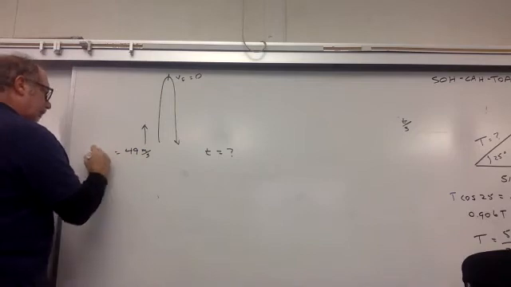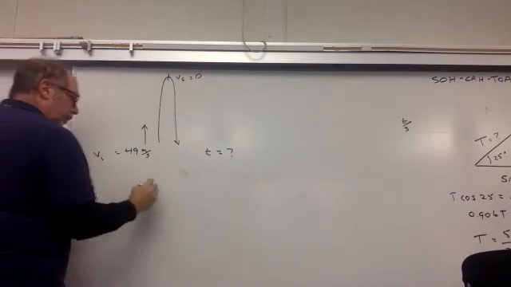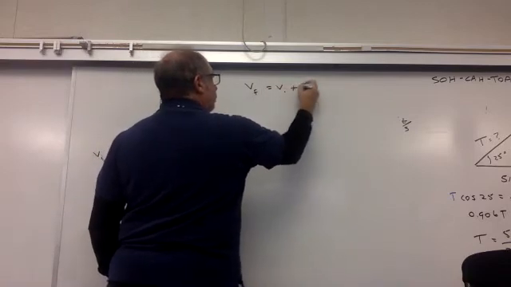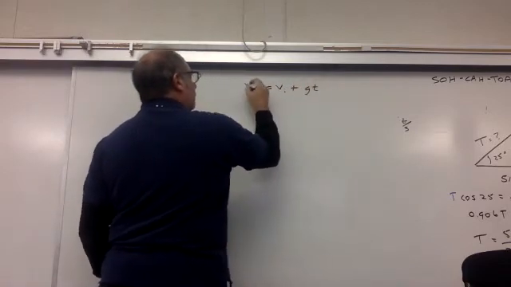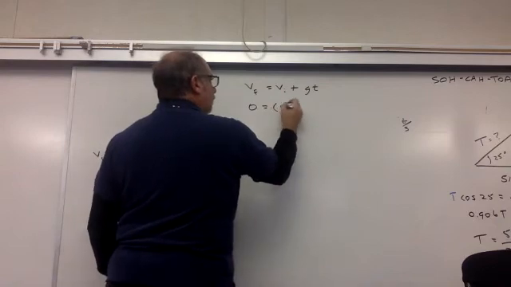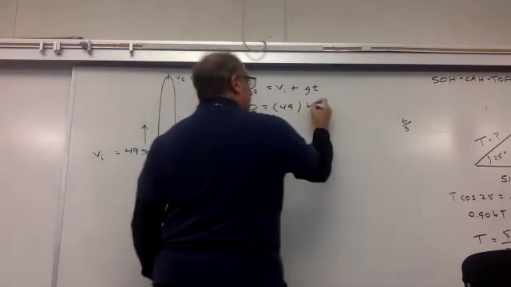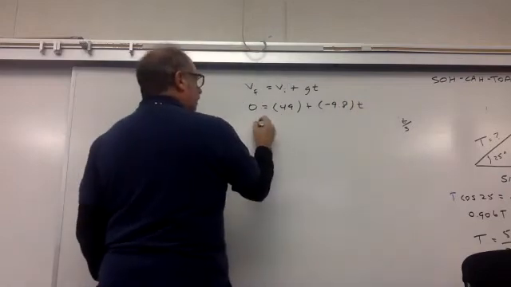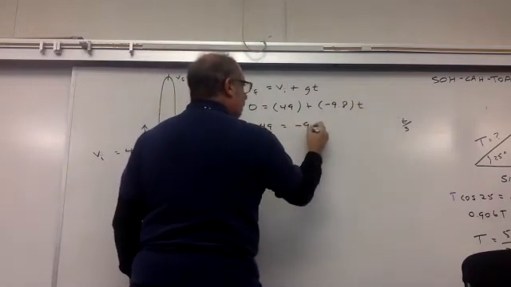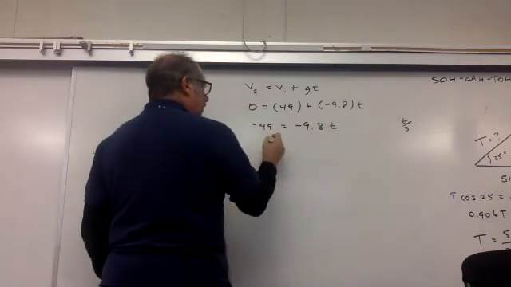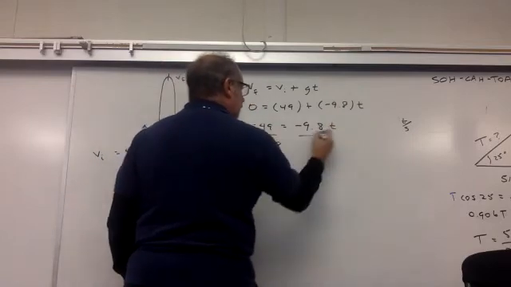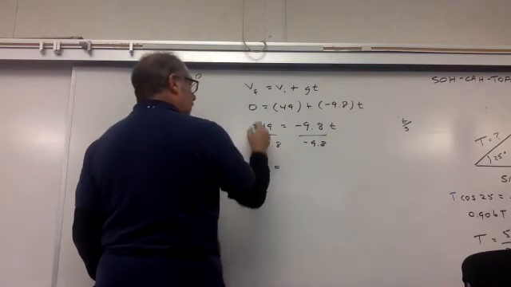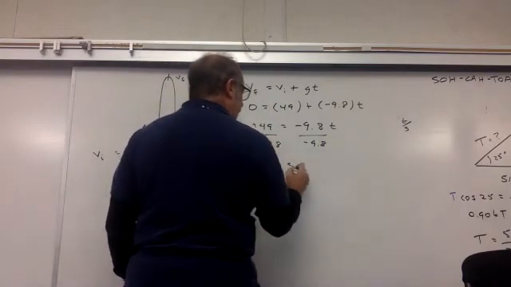This is an initial velocity. So I'm going to use Vf equals Vi plus gt. This time Vf is equal to 0, Vi is equal to 49, plus negative 9.8 times t. Bring the 49 over, divide out the negative 9.8, and I get t is equal to 49 divided by 9.8, which is 5.